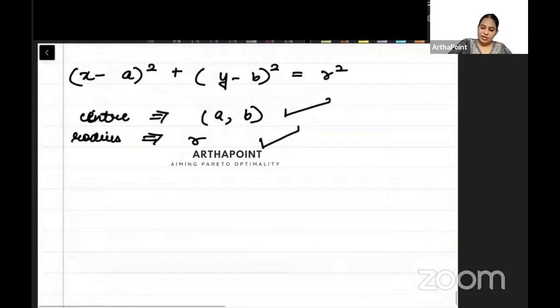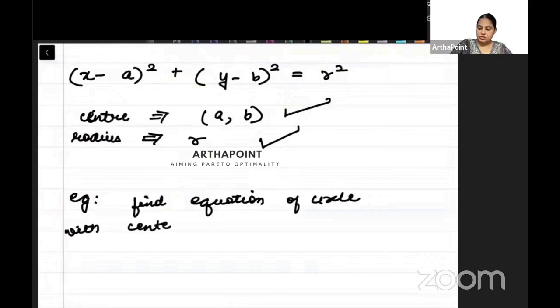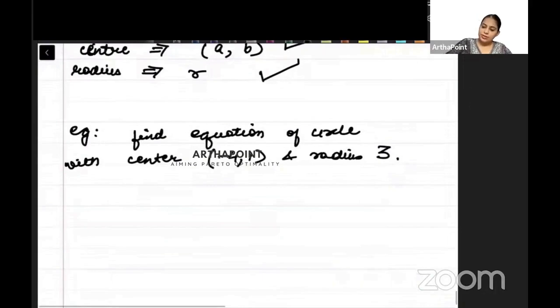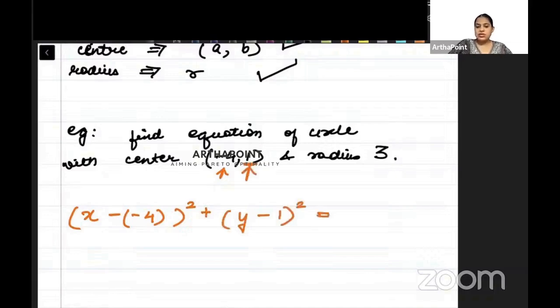Okay. For example, if I ask you to find the equation of a circle with center (-4, 1) and radius 3, what will happen? (x minus a) whole square plus (y minus b) whole square is equal to r square.